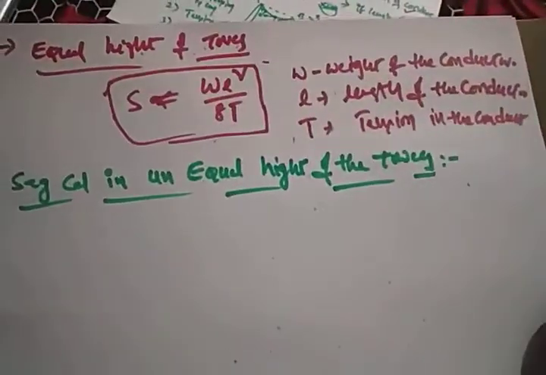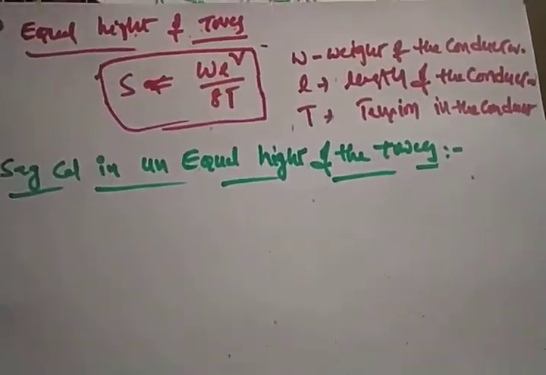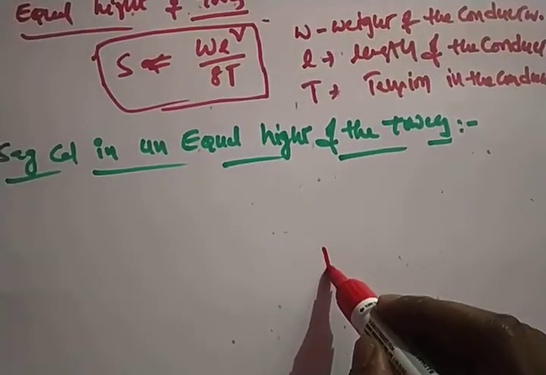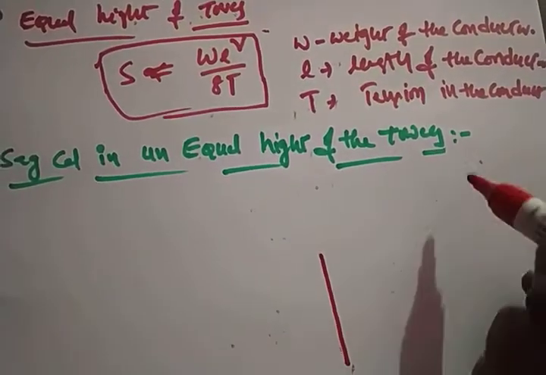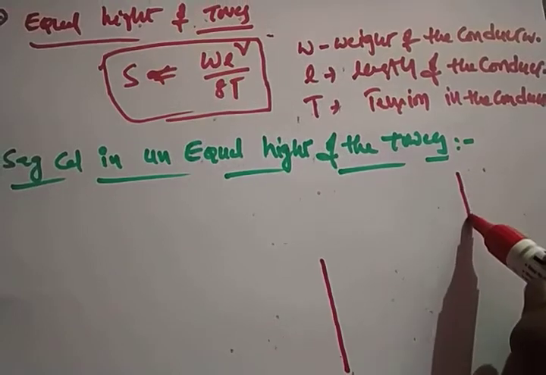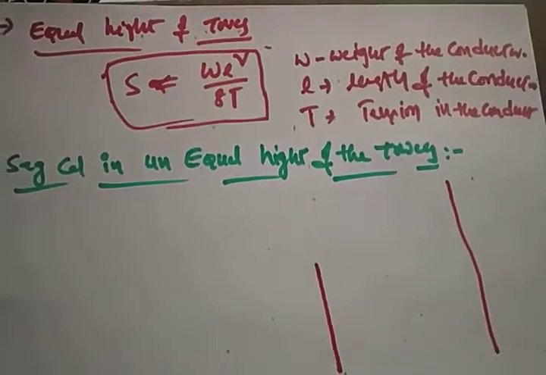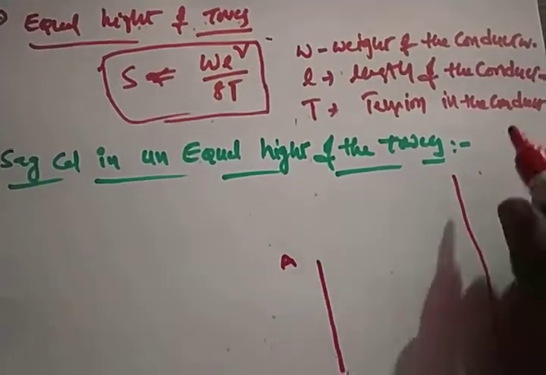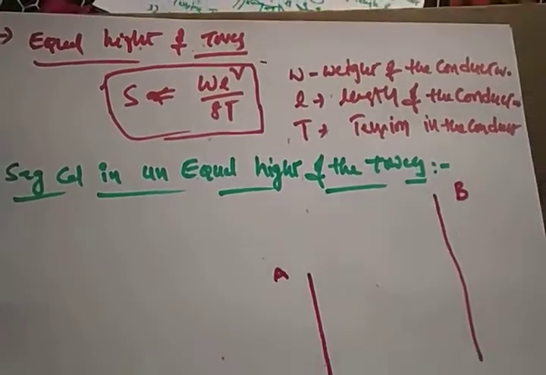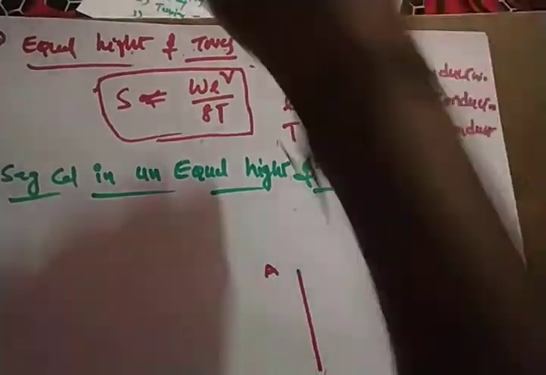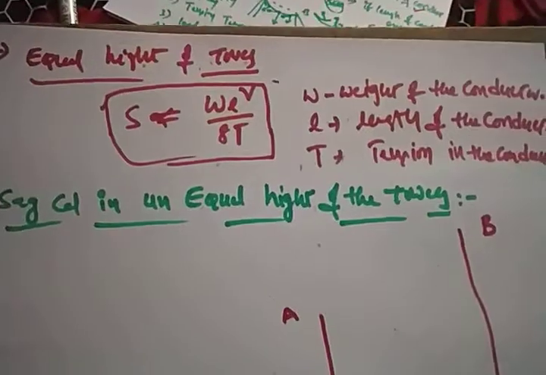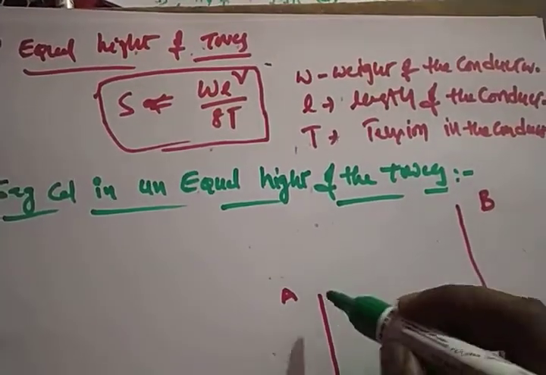Now we'll see the height of the towers. In unequal heights, I'll draw the figure. One tower is like this, another tower is like this. We can call this tower A and this one B. These two are unequal heights. Now the transmission line is erected like this.